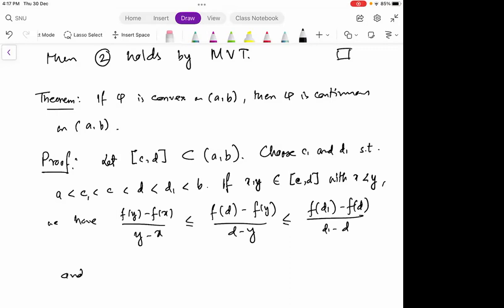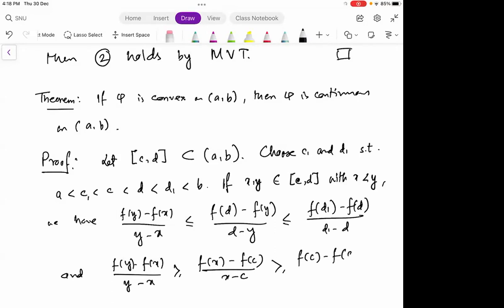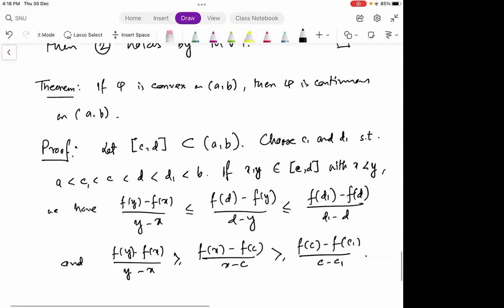And at the same time, (f(y) minus f(x)) by (y minus x) is bigger than or equal to (f(x) minus f(c)) by (x minus c), bigger than or equal to (f(c) minus f(c1)) by (c minus c1). I mean, that inequality 2 being applied repeatedly, that's all.